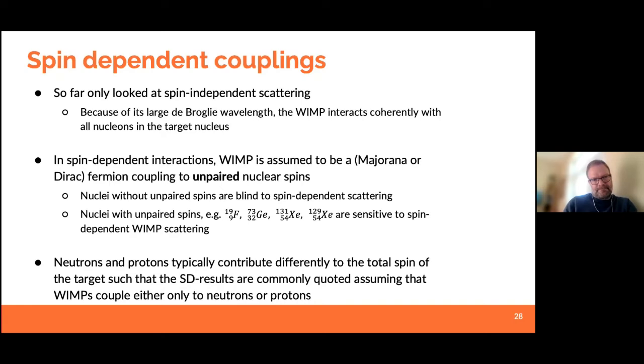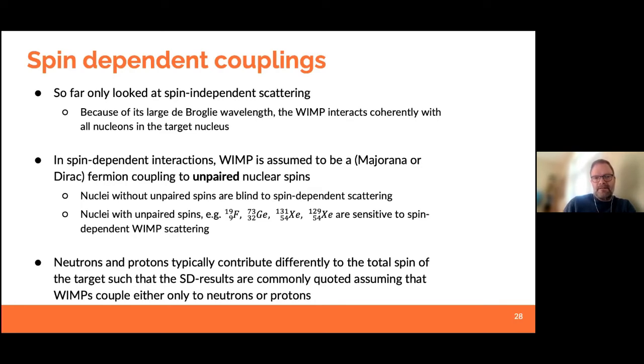Neutrons and protons typically contribute differently to the total spin of the target. So these spin-dependent results are usually split into WIMP couplings only to neutrons or only to protons.